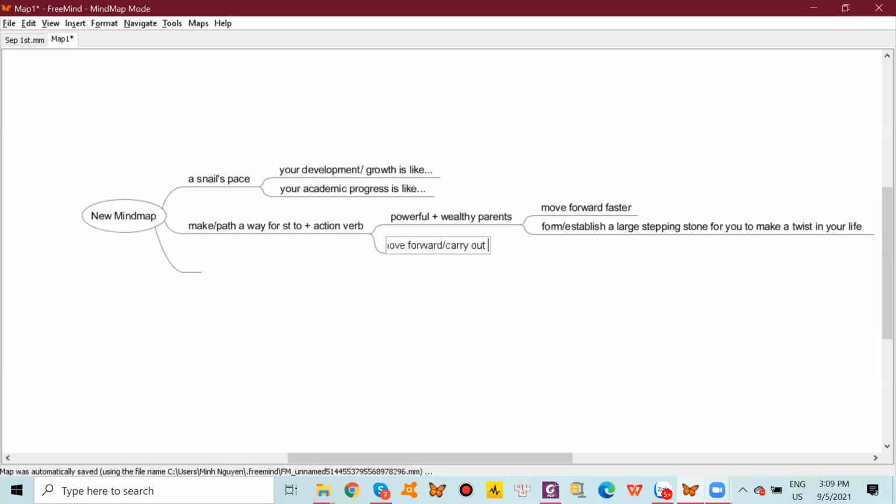So right here we have the phrase: my parents lay a red carpet for me to walk through my academic university years. So people usually use the phrase lay a red carpet for somebody to do something.